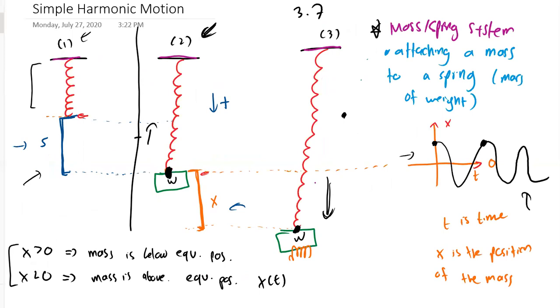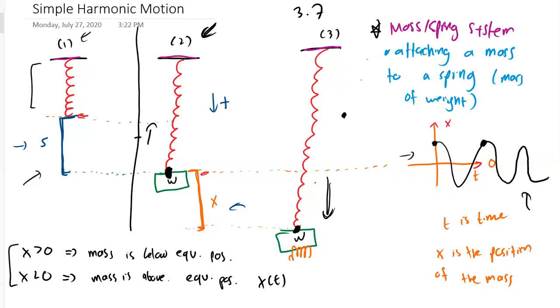Remember that happens exactly when the restoration force of the spring equals the weight of the object. Now, remember that to get to diagram 2, we stretch the original spring s units. So what is the restoration force in picture 2? Well, it's S times K, right? Because it's proportional, by Hooke's law, it's proportional to however much we stretch the spring, right?